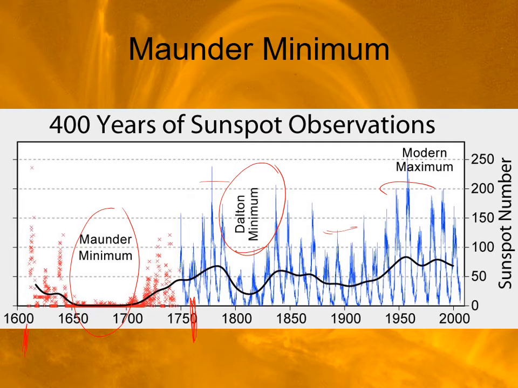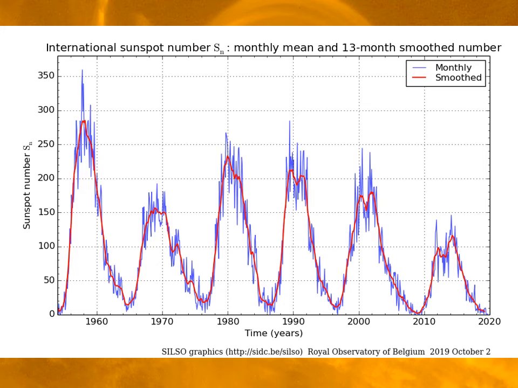It was a big deal if the sun even had a spot for about 60 or 70 years. And so we call that the Maunder Minimum. And the interesting thing is that the Maunder Minimum is probably not the only time the sun ever did that. And we'll get back to why that's important.